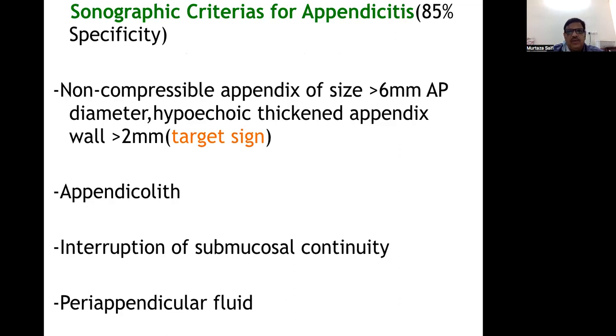Sonographic criteria for appendicitis, with 85% specificity: non-compressible appendix of size more than 6 mm anterior-posterior diameter, hypoechoic appendix wall thickness more than 2 mm, target sign, appendicolith, interruption of submucosal continuity, and periappendicular fluid.